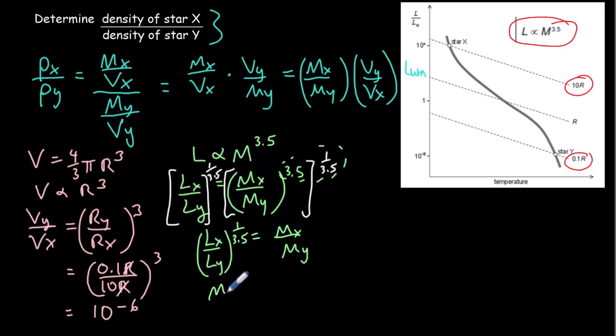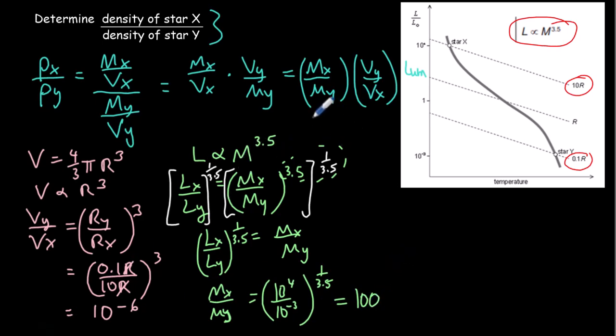So my mx over my will be equal to Lx. Lx is 10 to the 4th over Ly, which is 10 to the minus 3, all raised to the 1 over 3.5. And if you plug that into your calculator, you get an answer there of 100.